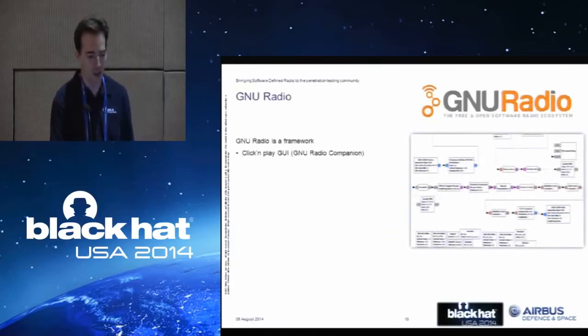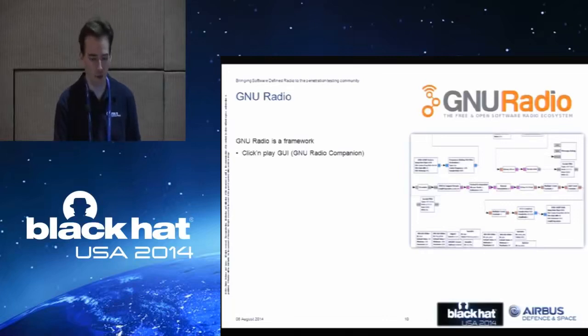You have a click-and-play GUI, which is called GNU Radio Companion, where you can just assemble basic blocks. Those are the pictures you can see on the right. You just have basic blocks that do specific computation, and you just connect them together to do what was done in a DSP, for example, in a digital signal processor.